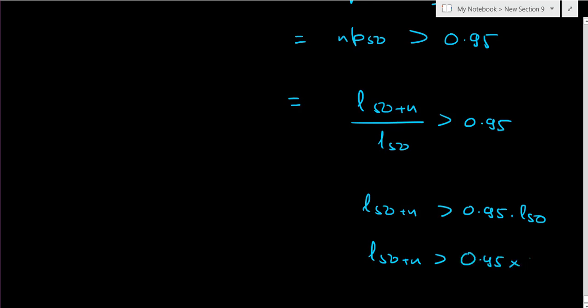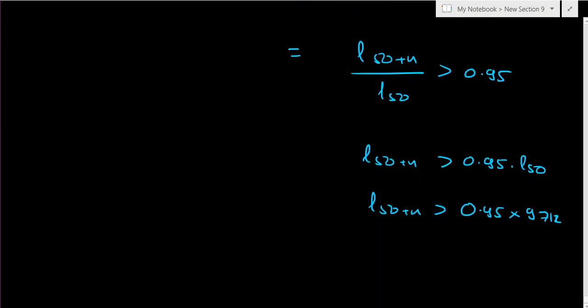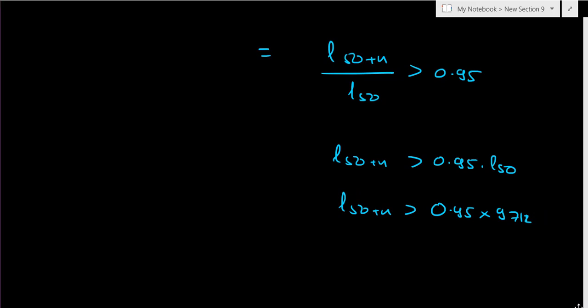If I check from the tables, L50 is 9712.4692, and this comes out to be L50 plus n is greater than 9226.4692.